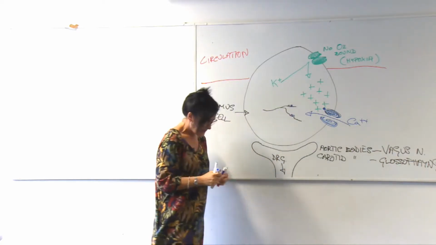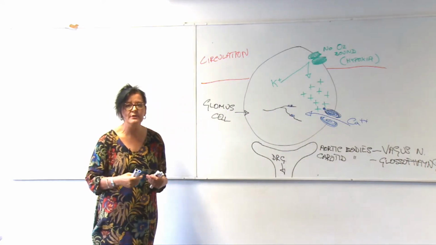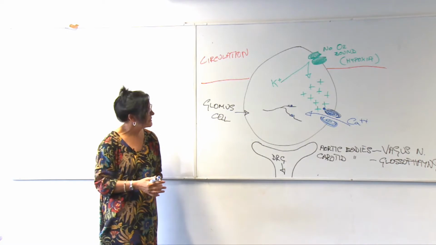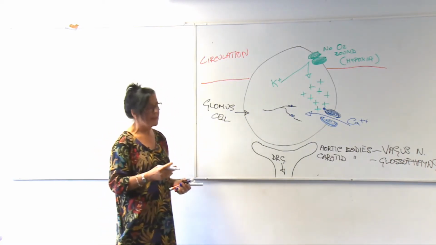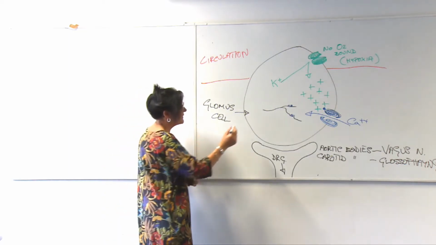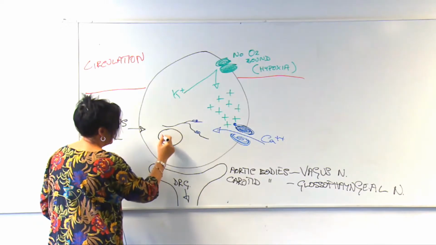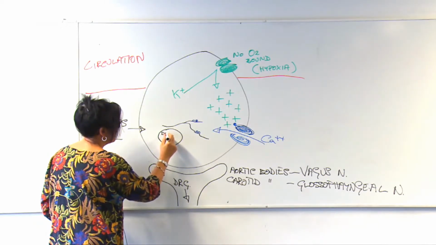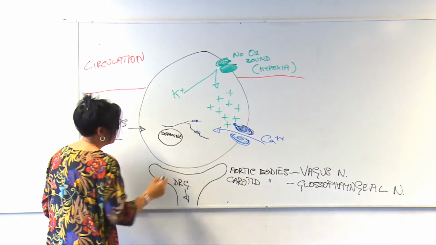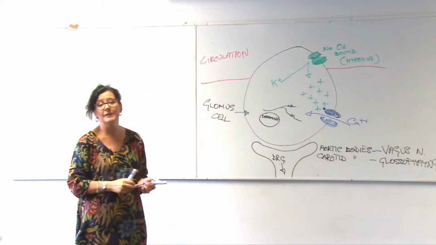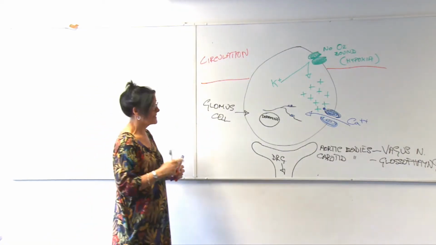The cytoskeleton contracts, and when it contracts, it moves vesicles. Now, in this case, we have vesicles of dopamine. Dopamine is a neurotransmitter, and it's our neurotransmitter of choice in this circumstance.